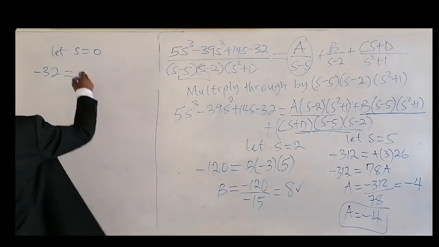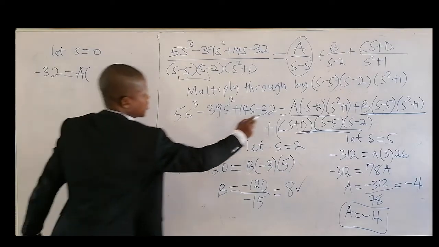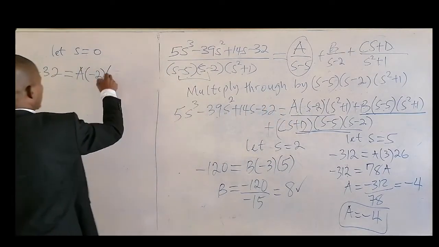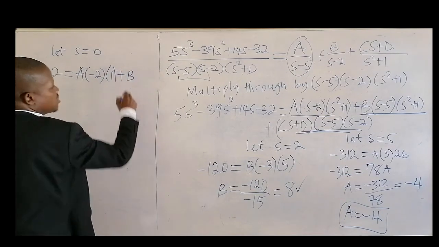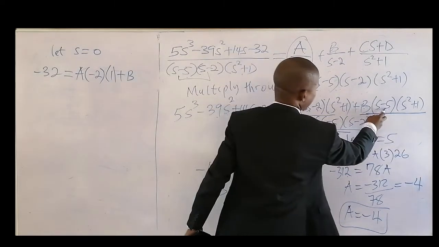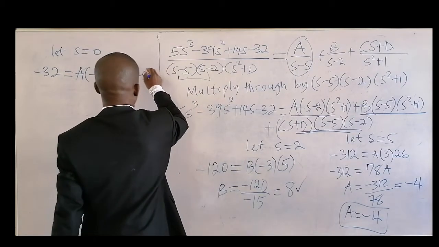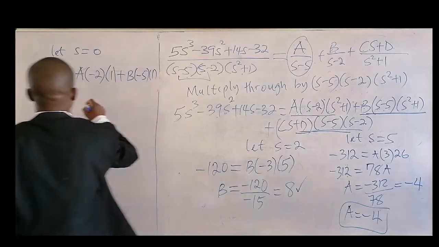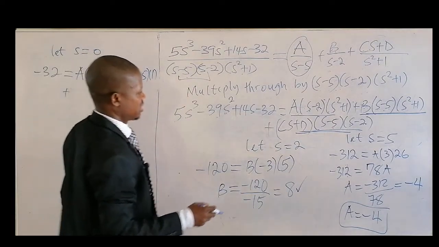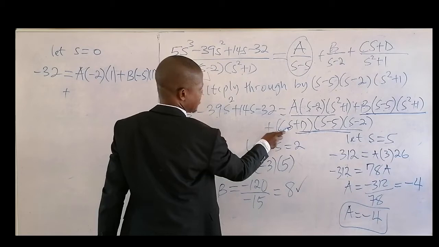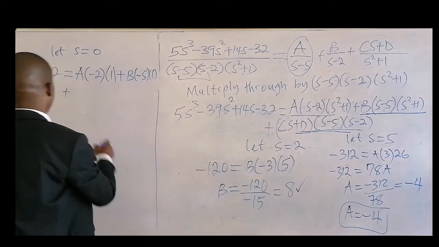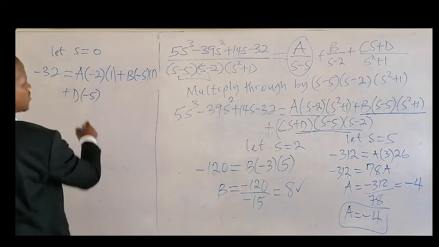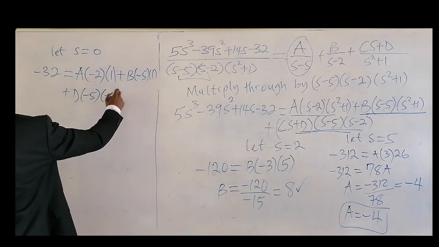we're going to have A times minus 2 followed by 1, and plus B. This will be minus 5 followed by 1 also, and plus, yeah, this one we cancel, C times x we cancel, we have B, we have this D times minus 5 and then minus 2.